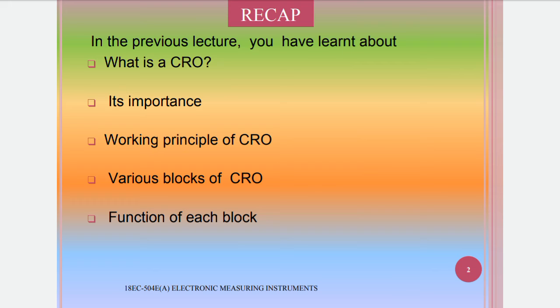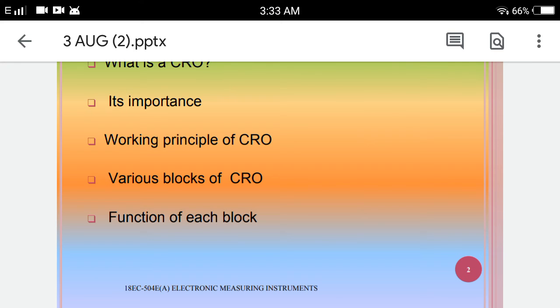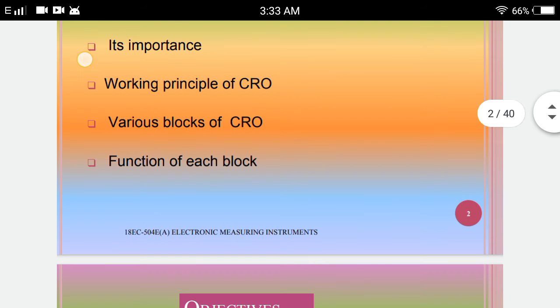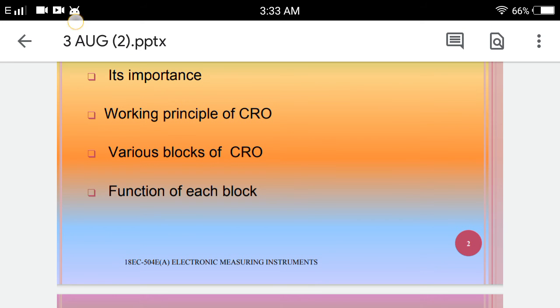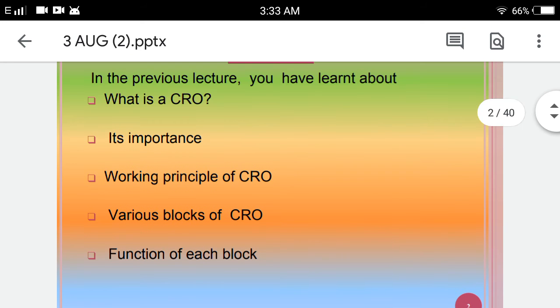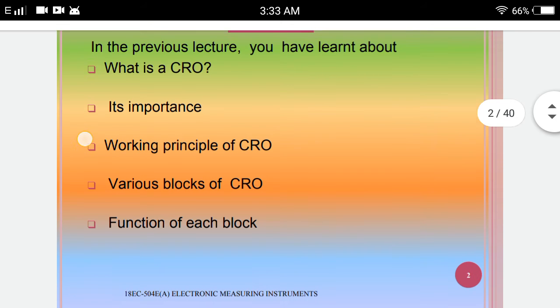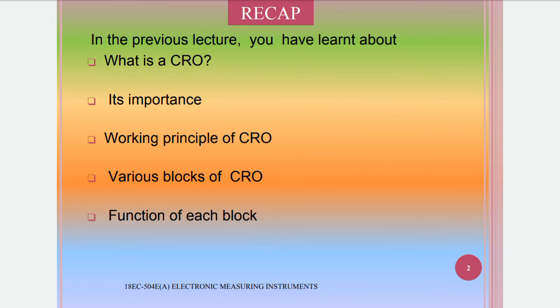Basically, this device is used to see the waveforms. By using this waveform, we can measure the amplitude, time period, frequency. We can measure the voltage, AC current, DC voltage, DC current, and phase difference, and all these we can find by using CRO.